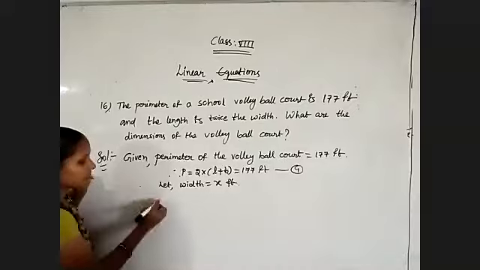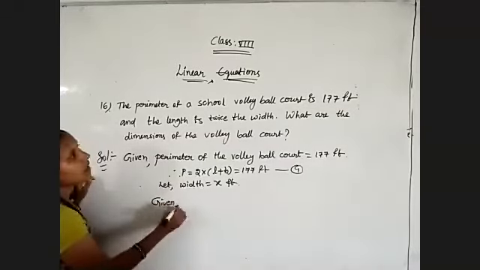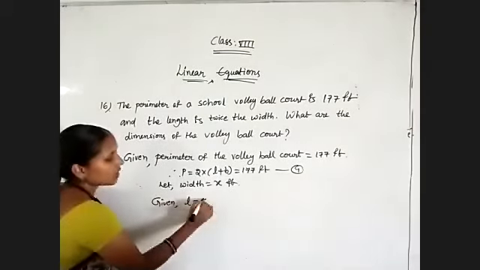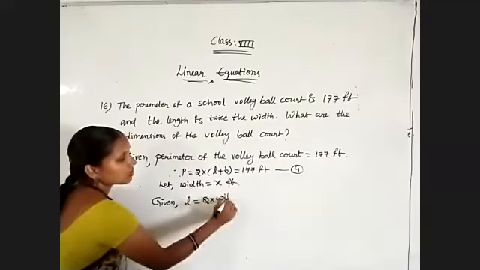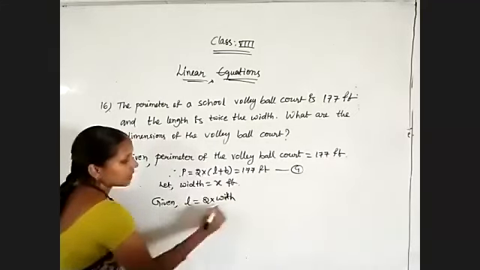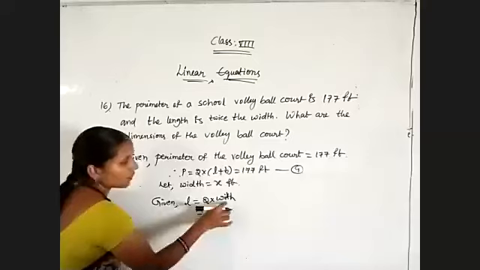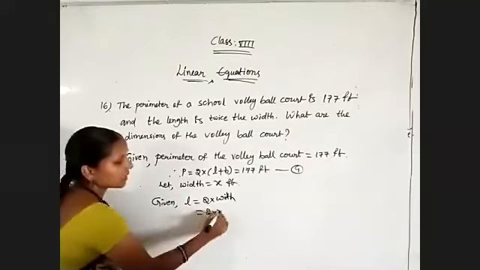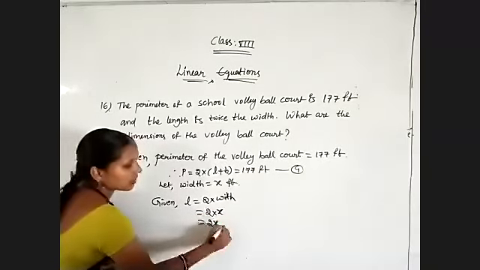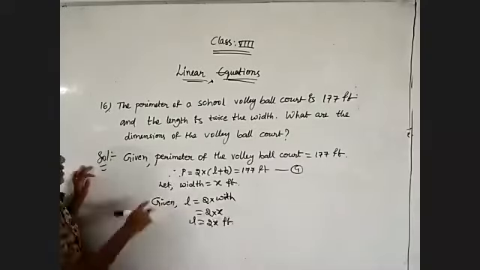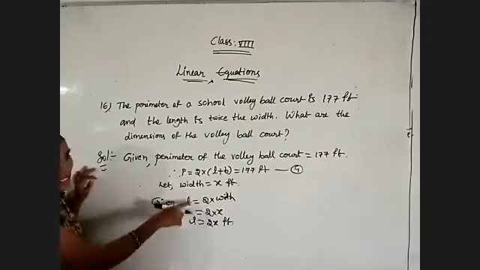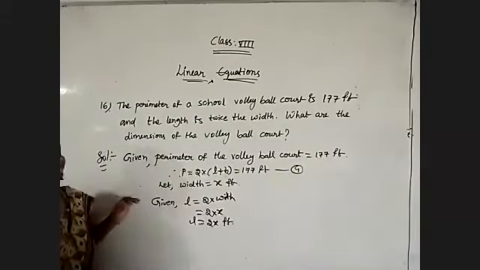Given length is equal to twice the width, so 2 times the width, that is 2 into x, so 2x feet. Length is equal to 2x feet. Breadth is x feet and length is 2x feet.